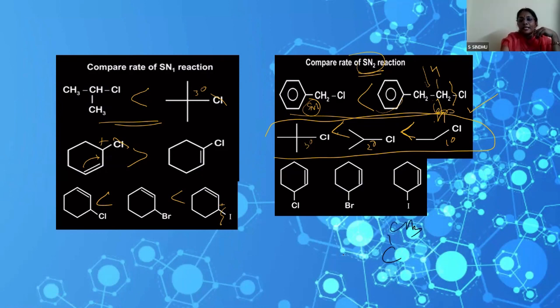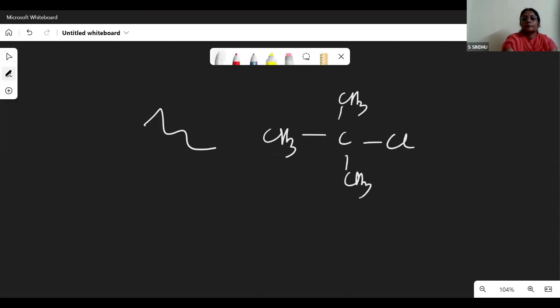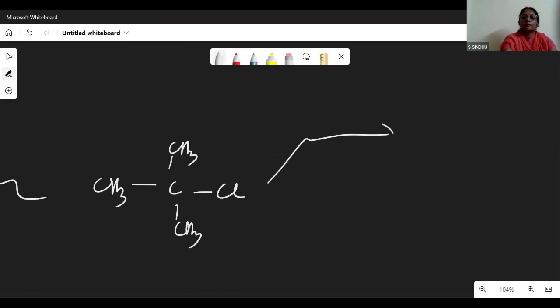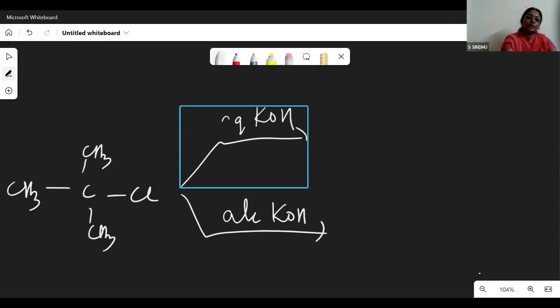If I have (CH3)3C-Cl undergoing reaction with aqueous KOH and with alcoholic KOH, what difference does the solvent make?